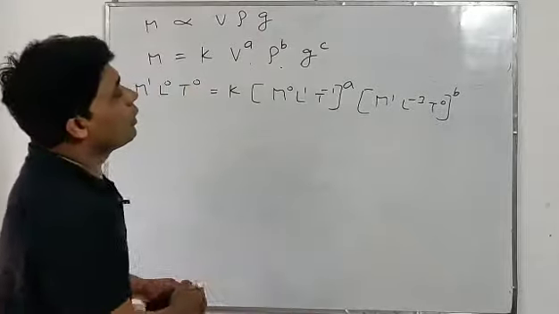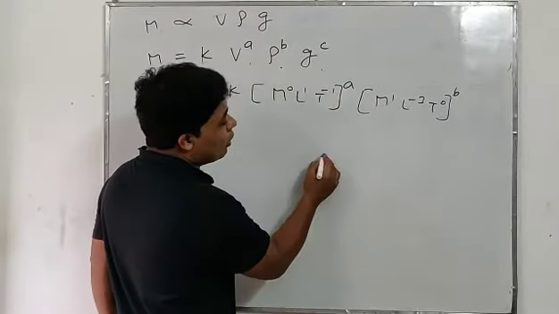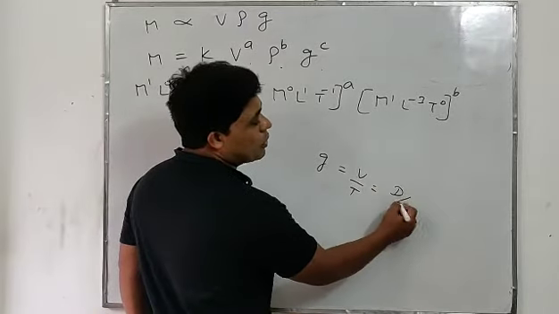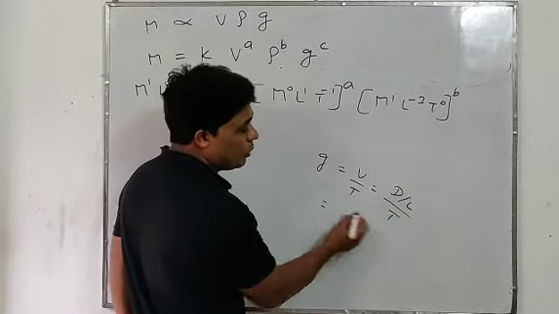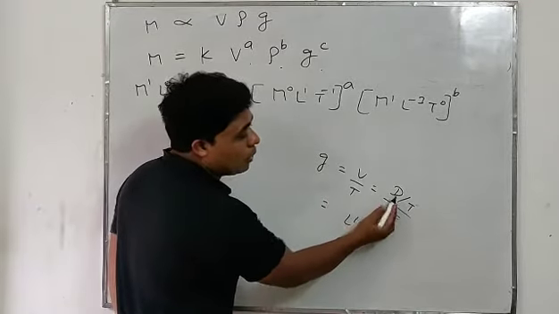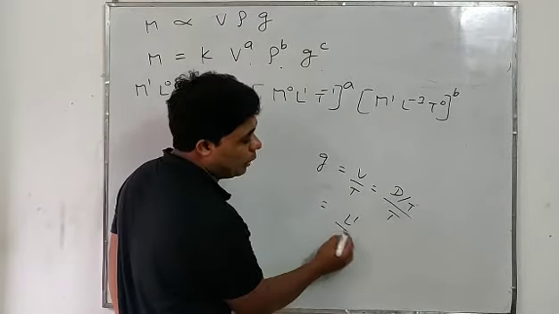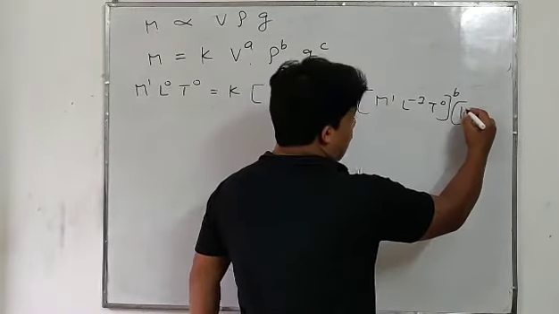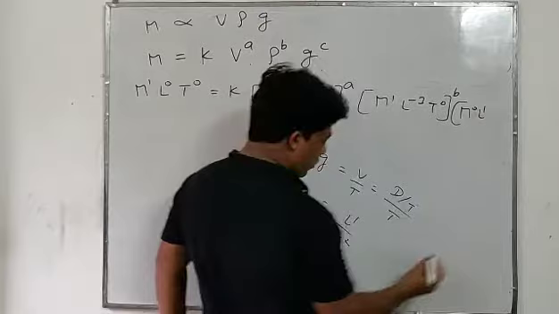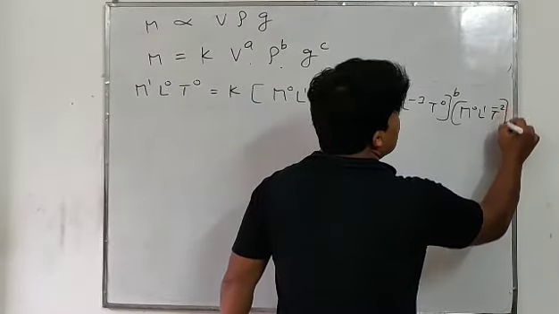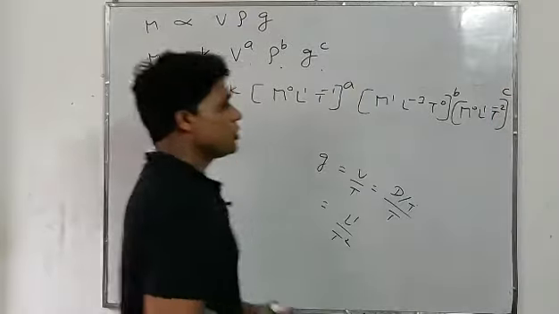And finally, gravitational acceleration. Acceleration is velocity by time, that is displacement by time squared. So displacement becomes L1 and time is T2. No mass, M0, L1 T minus 2, power c.